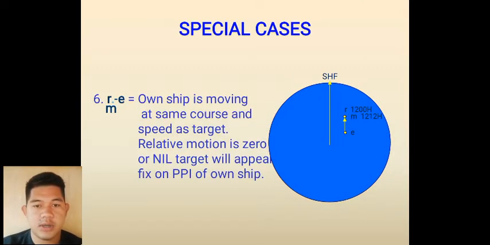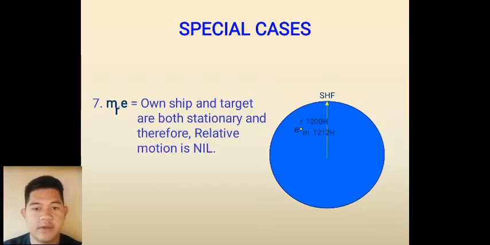Number 6, ERM: own ship is moving at the same course and speed as target; relative motion is 0, or NIL, and the target will appear fixed on the PPI of own ship. Number 7, ERM: own ship and target are both stationary, and therefore relative motion is NIL.